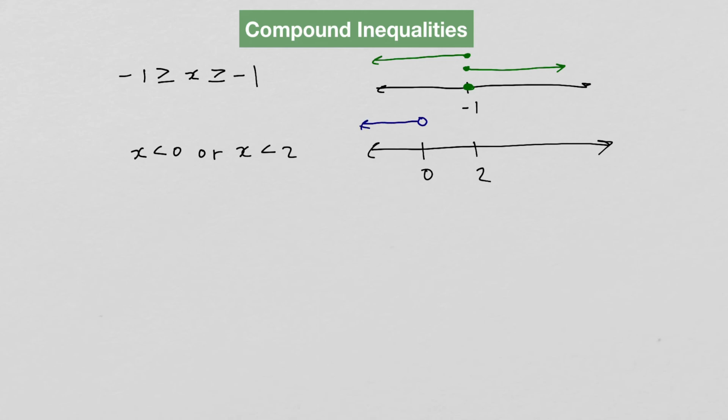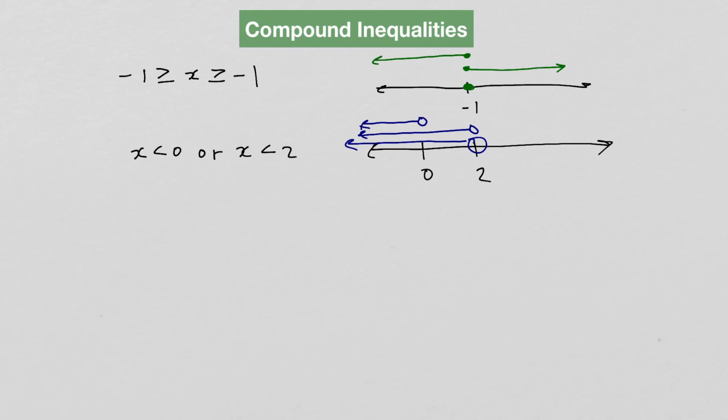And then the second one says x is less than 2. So we're going to put an open circle at 2, and then we're going to go to the left for less than. Because this is a disjunction, or an OR scenario, the final solution would be an open circle at 2 and an arrow to the left.